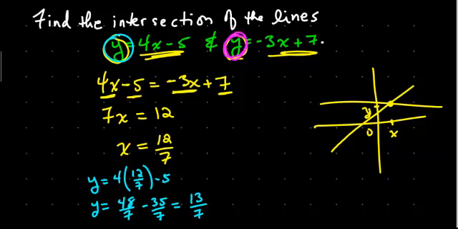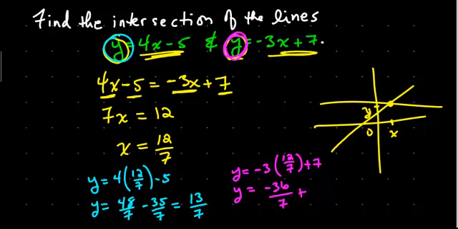Now let's plug it into the other one. Here in purple, we'll say y is negative 3 times 12 sevenths plus 7. So y equals negative 36 over 7 plus, I got a denominator of 7, so I need 49 sevenths. And 49 minus 36 is 13 sevenths.